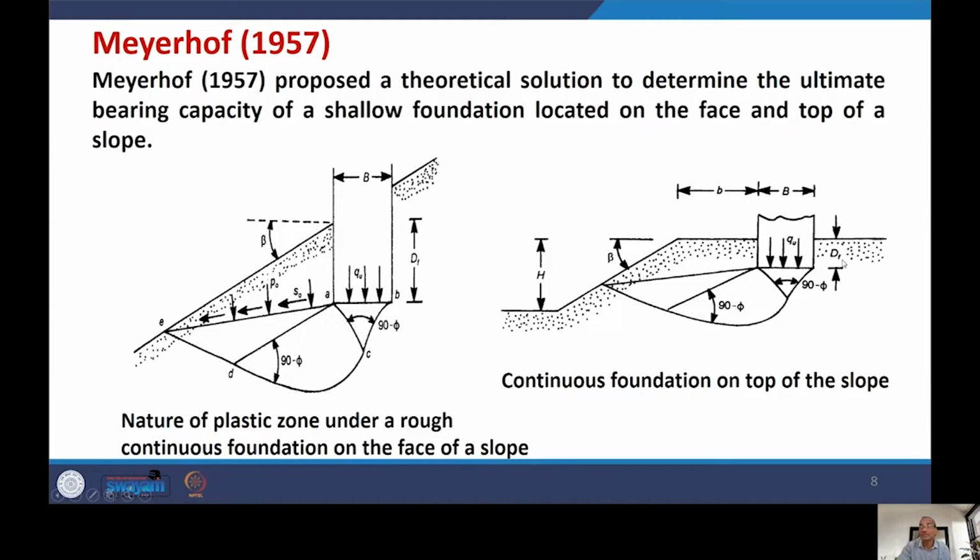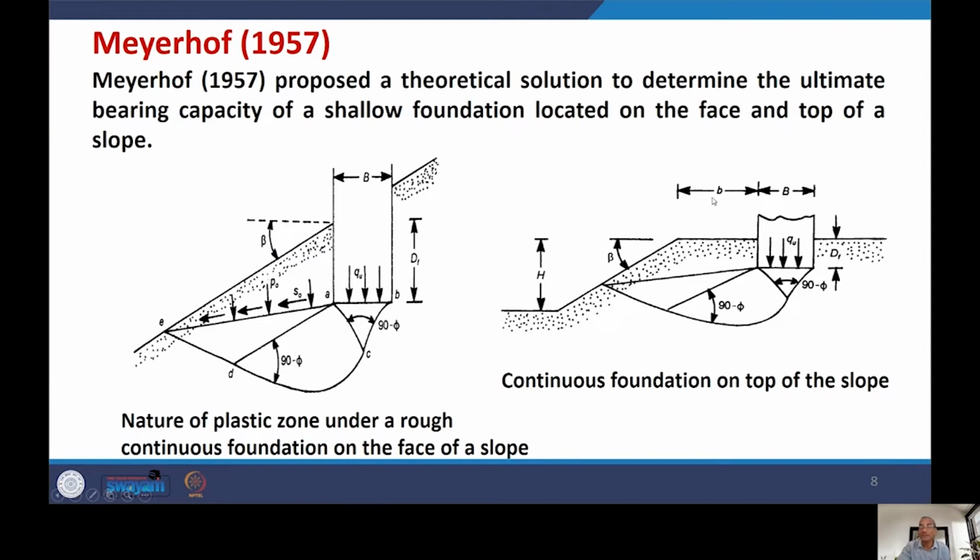One additional parameter coming in is the setback distance: this is the top of the slope, and from here the distance to the footing is small b.